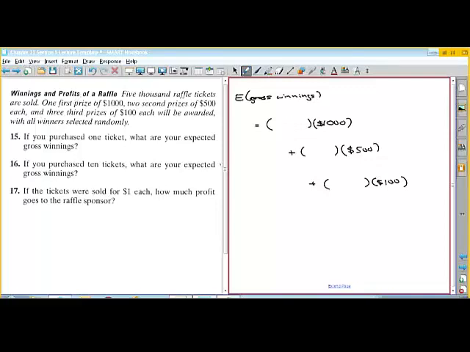So the question is, what are these probabilities? Well, the first one's easy. It's 1. There's 1 winner out of 5,000. So what do you think the second probability would be? Is it 1 or 2 out of 5,000?